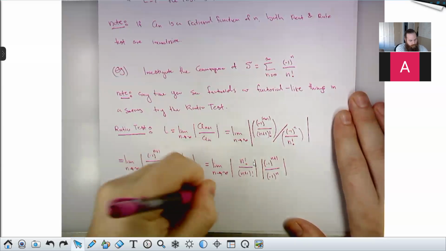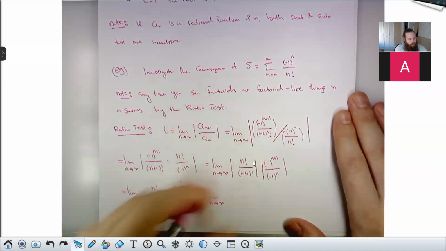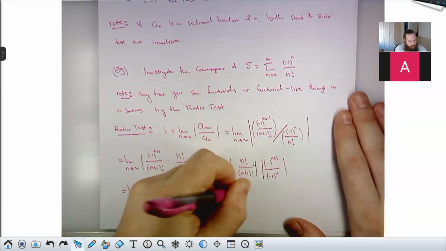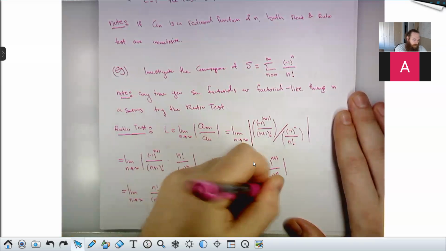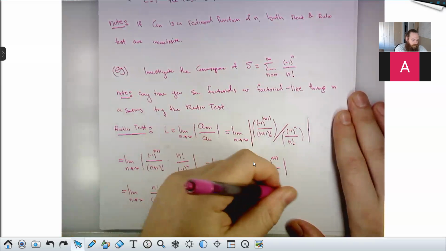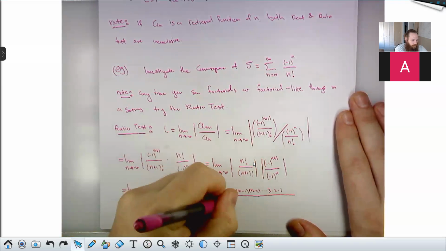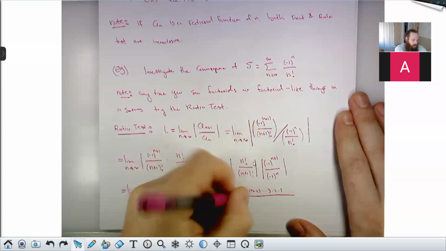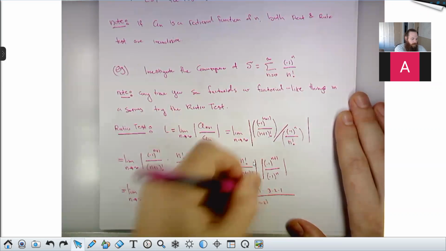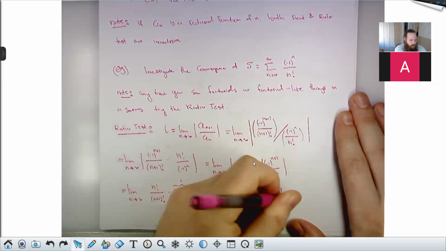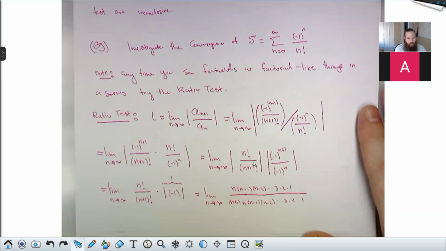So this is the same as the limit as n goes to infinity of n factorial, which is n times (n-1) times (n-2), all the way down to 3 times 2 times 1, over (n+1) factorial, which is (n+1) times n times (n-1) times (n-2), all the way down to 3 times 2 times 1. And you can see the massive cancellation here.